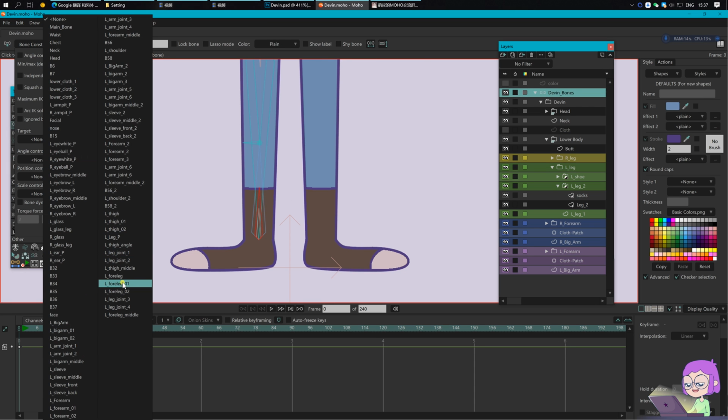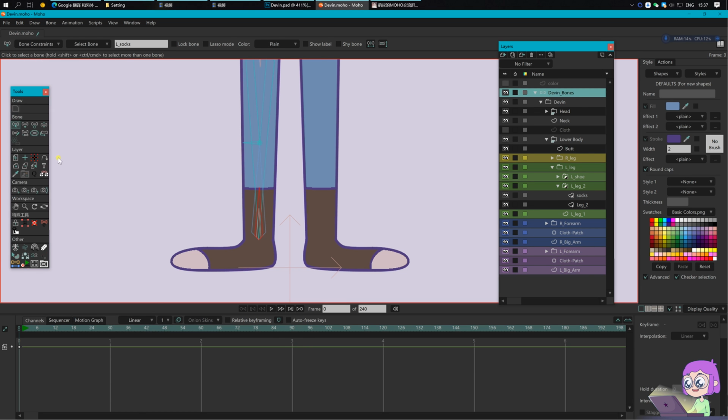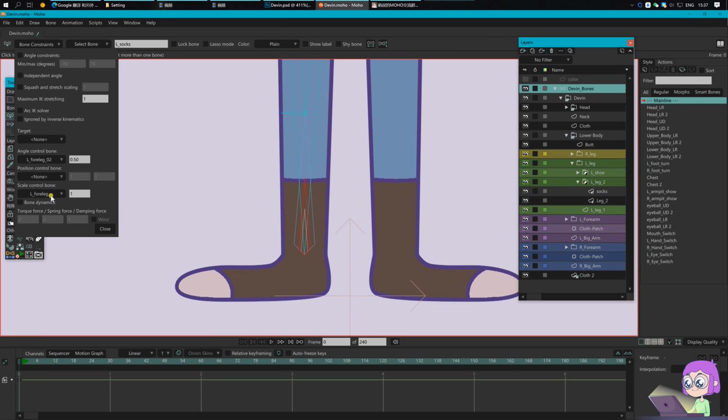Then set its angle controller to the medium length bone and change the value to 0.5. Set the scale control bone to the foreleg bone.